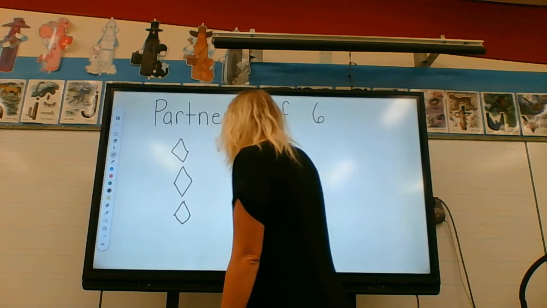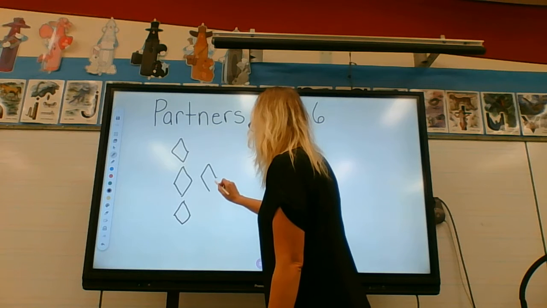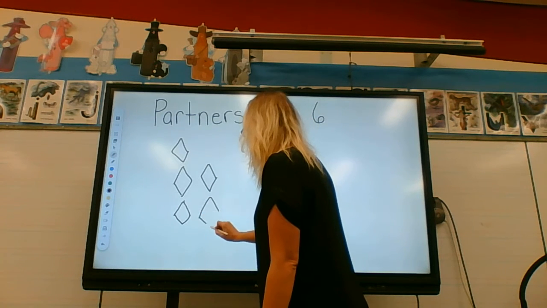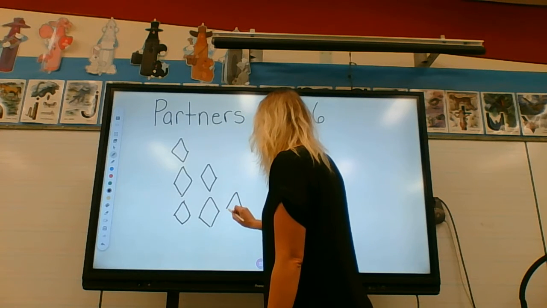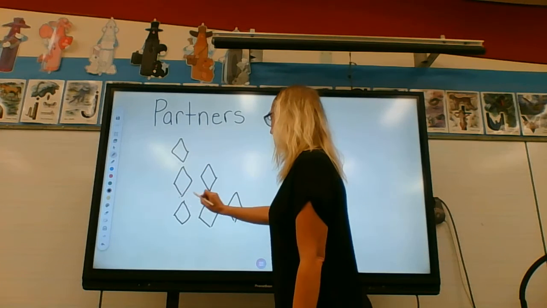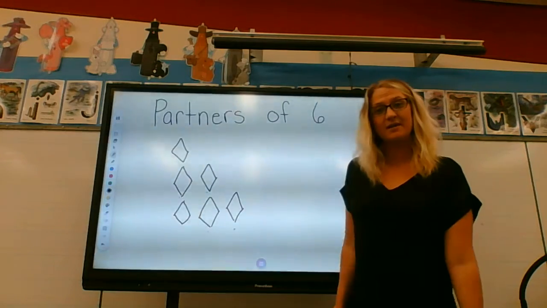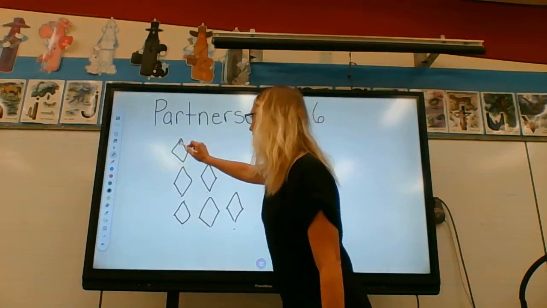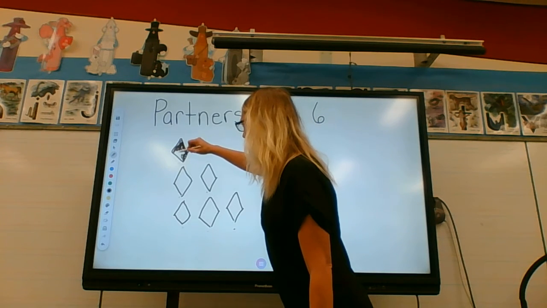And I'll count when I'm all done to make sure that I have 6 diamonds since we're making partners of 6. Okay, so let's count. 1, 2, 3, 4, 5, 6. And if you look at the second problem of diamonds, there are 2 diamonds that are shaded in. So I'm going to shade in 2 diamonds for you.